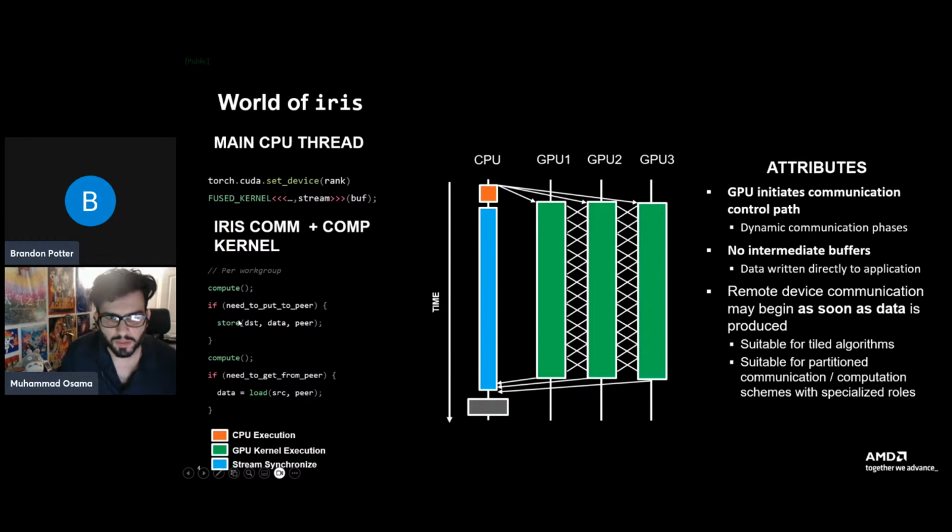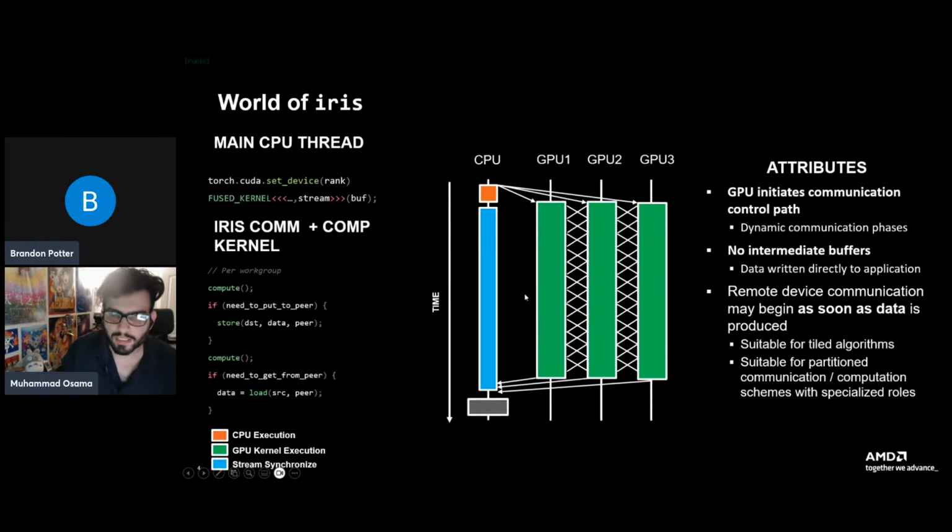So you can do compute, store it to remote GPUs, do more compute, load from remote GPUs, and so on. It follows a really natural workgroup-centric programming model that Triton already embodies and extends it to support multi-GPU programming.